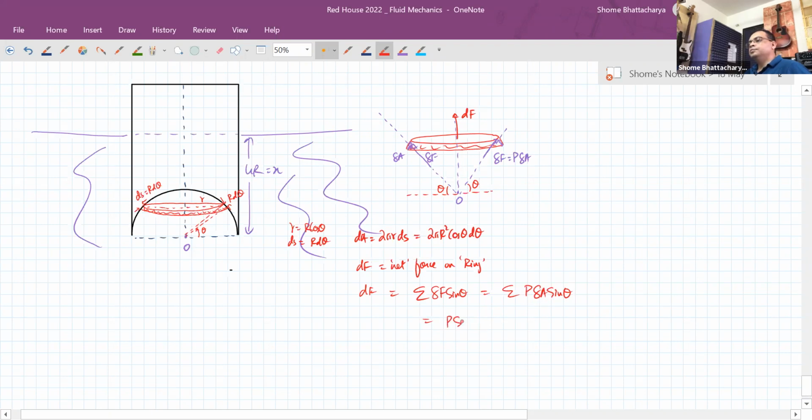So it is P sine theta into the summation of delta A's for the entire ring, which is nothing but the total area of the ring. So it is P sine theta into dA, or P into 2 pi r square cos theta d theta into sine theta.